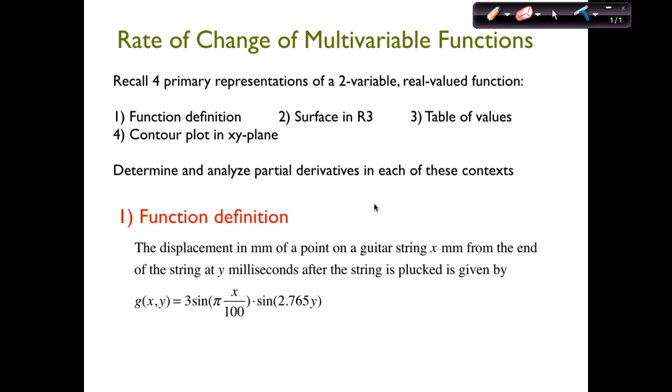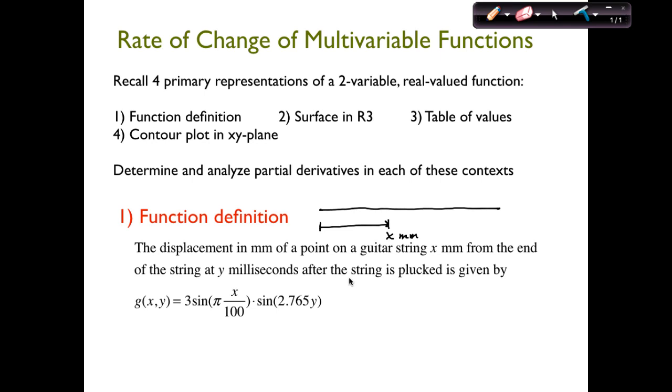You've got a guitar string, say. And so x is the number of millimeters from one end. So we're talking about that point right there. And then y is the number of milliseconds after you pluck the string.